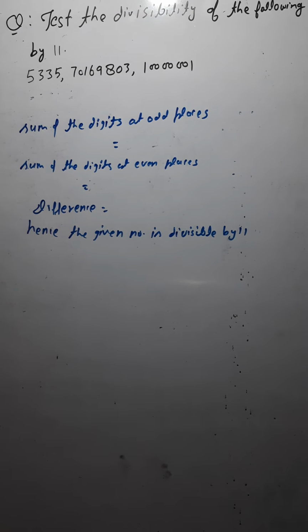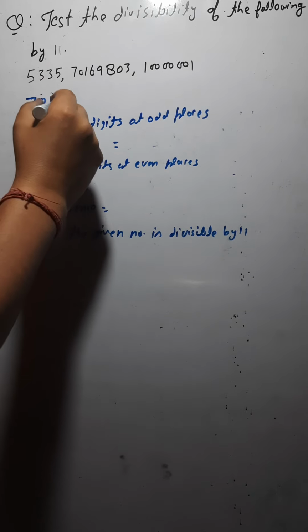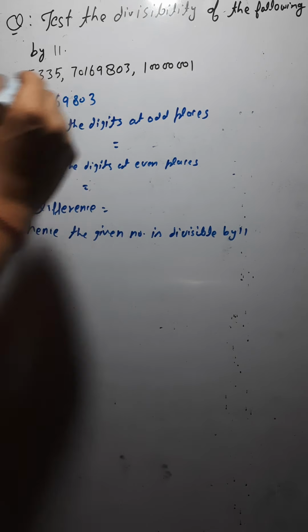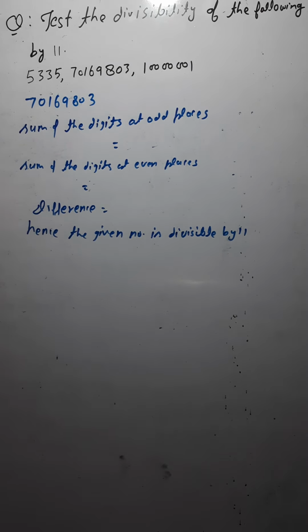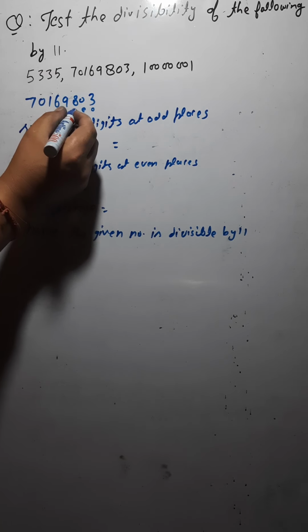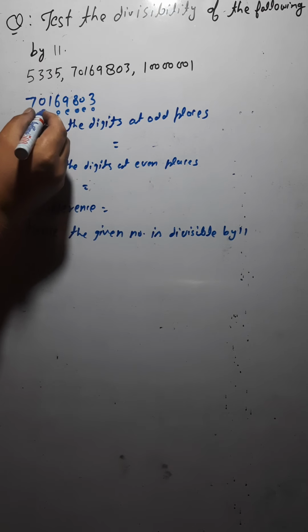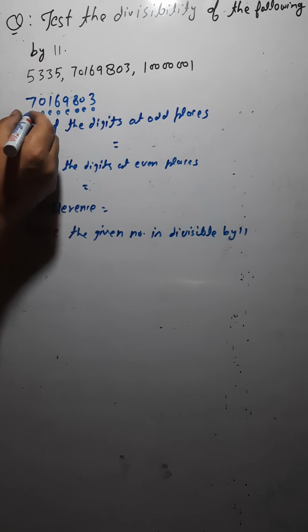Okay, now second question is 70169803. So let's find out the even and odd place. First one is odd place, second one even, third one odd, fourth one even, fifth one odd, sixth one even, seventh one odd, eighth one even.